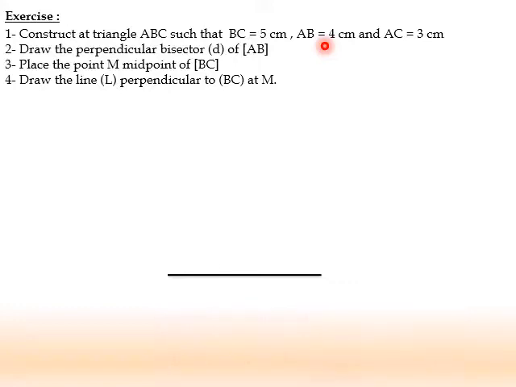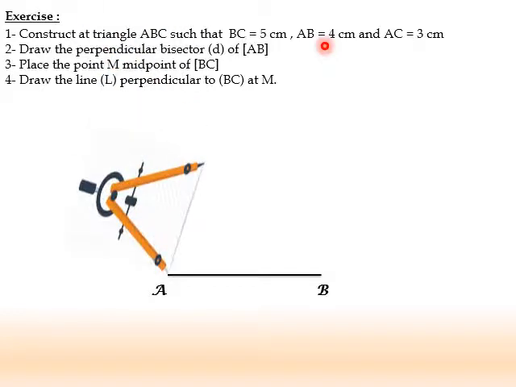So this is AB, sorry, which is 4 centimeters. Then I have to draw BC equal 5 centimeters and AC equal 3 centimeters. So I put the compass on vertex A and open it to a radius of 3 centimeters, since AC equal 3 centimeters, and draw an arc.